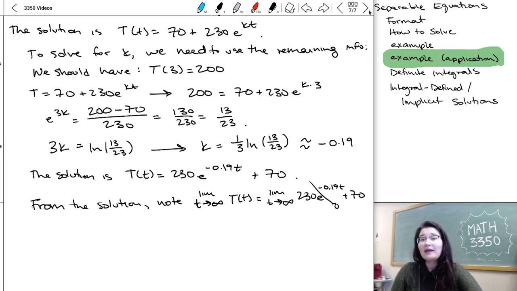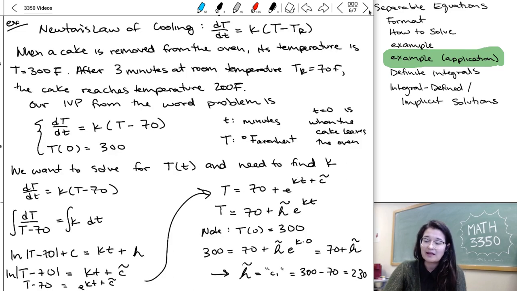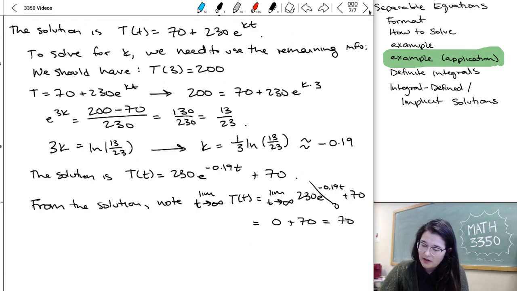But basically, e to a negative exponent goes to 0 as t goes to infinity. So as time goes on, the temperature approaches 70, which is what we'd expect. That's room temperature. Our intuition is things at room temperature go to room temperature.